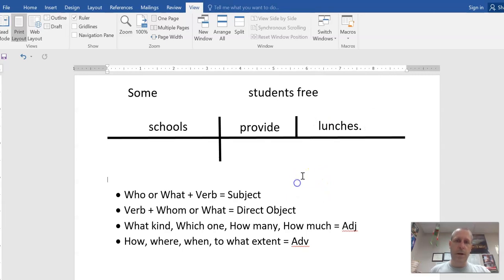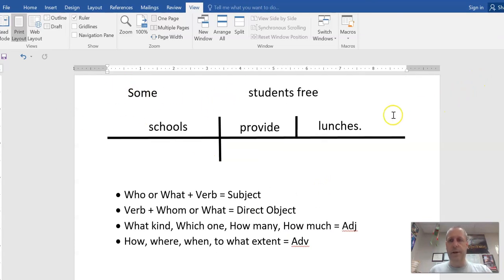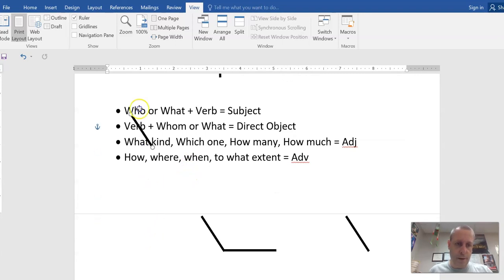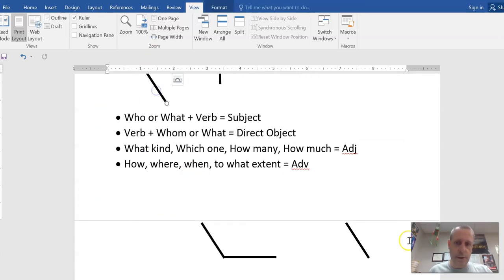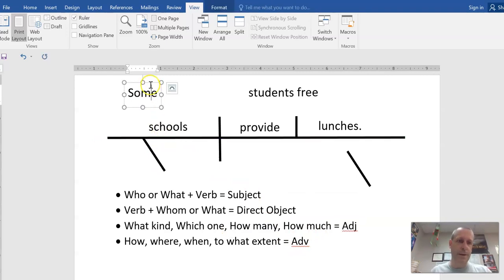Now at this point, I'll go ahead and identify the adjectives so I can get them out of the way. Usually I wait until the very end after I've identified all the nouns to go after the modifiers, but for the sake of convenience, let's do those now. So we can ask the question, how many schools are there? Well, there's some. And your answer doesn't have to be specific.